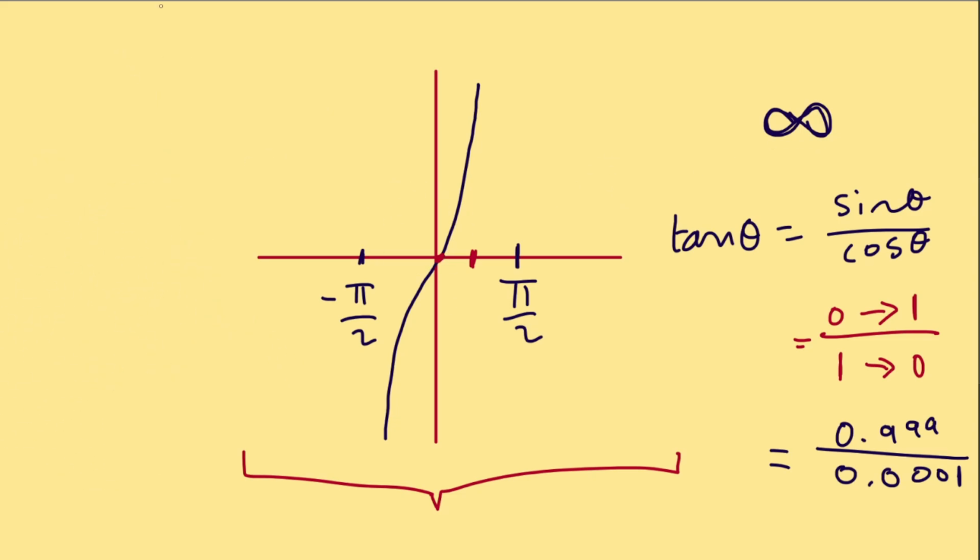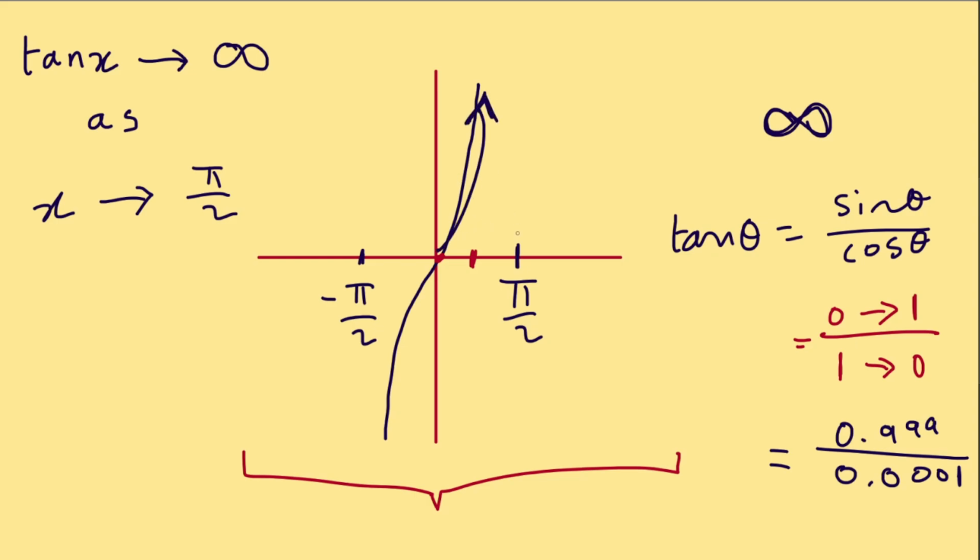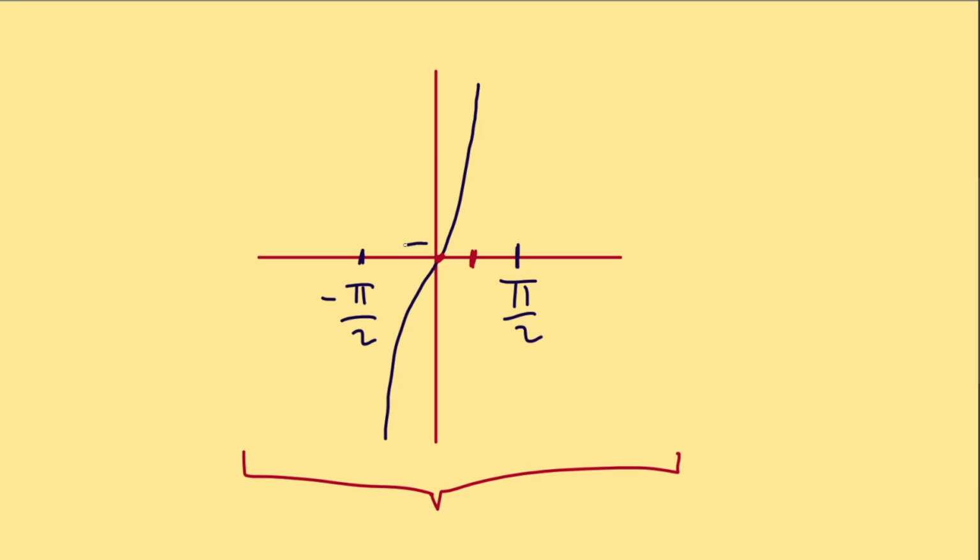So you would write this as tan x approaches infinity as x approaches pi over 2. So tan x is going up to infinity while x moves this way. We can also do the opposite for going left toward negative pi over 2.